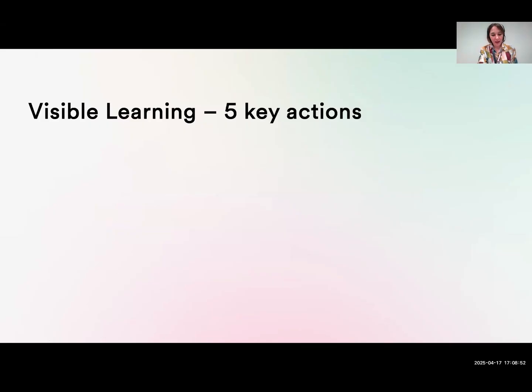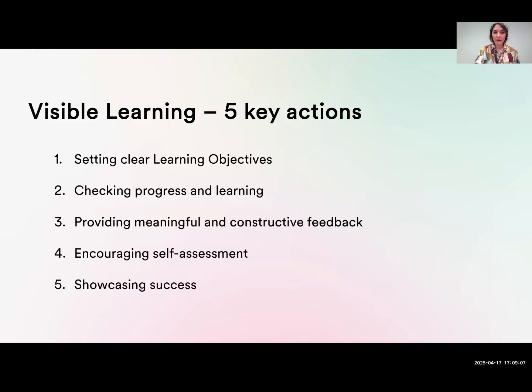There are 5 key areas that are identified by Hattie. There are different areas where teachers can act, and I've listed them here. The first one is to set clear learning objectives, then check progress and learning, provide meaningful and constructive feedback, encourage self-assessment, and showcase success.